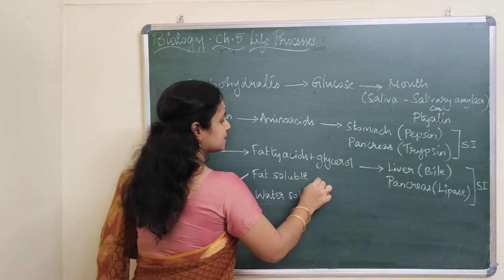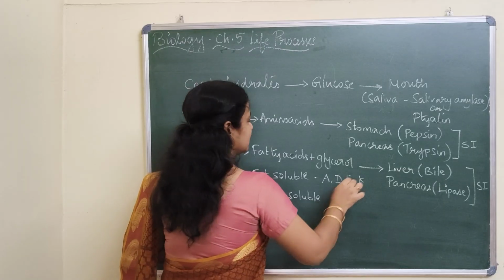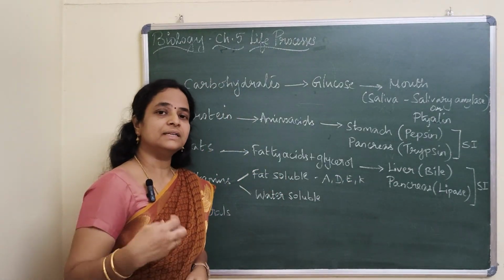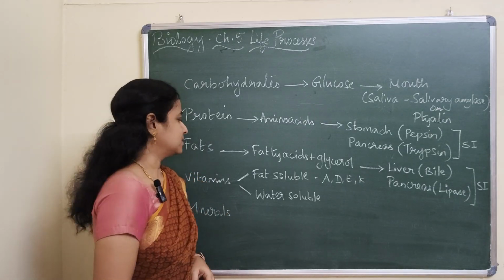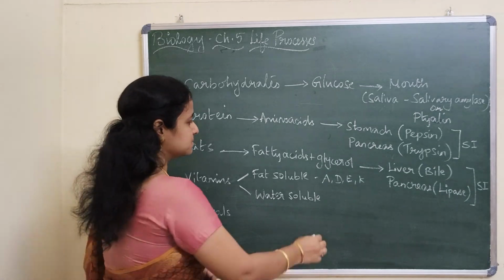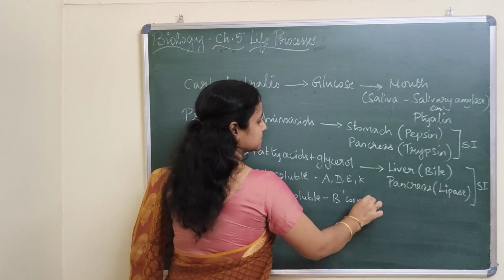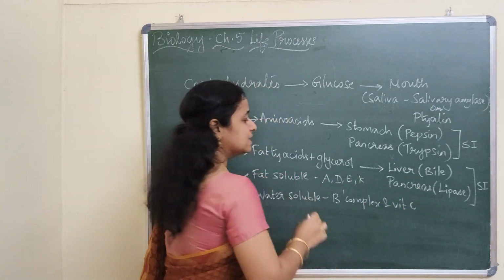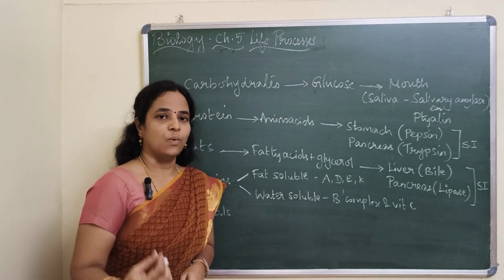Vitamins like A, D, E, K dissolve in the fat present in our body, especially in the secretions of the liver. Whereas water soluble vitamins are B complex and vitamin C. These vitamins are soluble in water.